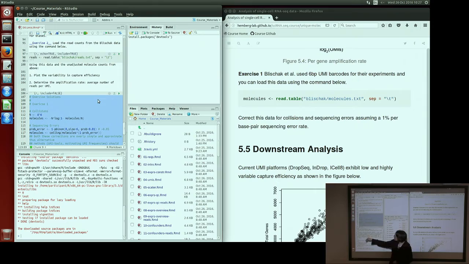For sequencing errors, you first have to calculate the probability of an error using a binomial distribution with size 6, because that's the length of the barcode, and then the per base sequencing error. And then to correct for that, 1 minus the probability of an error is the probability of not having an error, and then multiply that by the number of observed UMIs you have. And then we just round that up to get nice integers for downstream analysis.